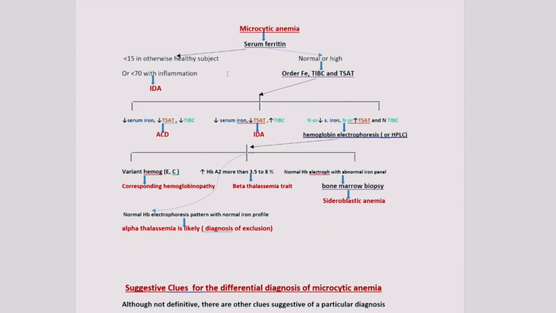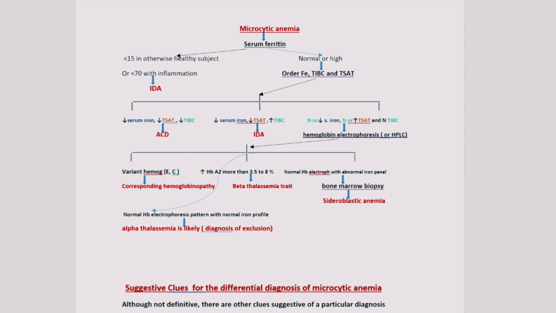Again, this is the algorithm mentioned before. Results consistent with iron deficiency anemia. Here, normal or high ferritin, request the other tests of iron profile: iron, TIBC, saturation. TIBC high, iron deficiency; TIBC low, anemia of chronic disease.